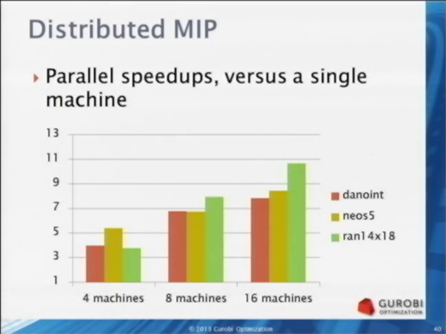Things start to trail off at about 16 machines. There are no doubt problems that require hundreds of millions or billions of nodes that would be able to exploit more machines. But again, this is going to get us to the order of dozens of machines. It's not going to get us to thousands of machines.